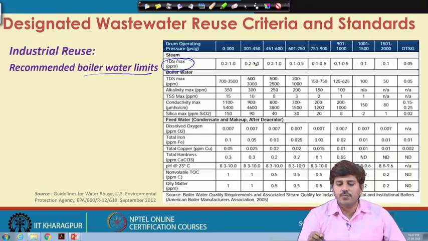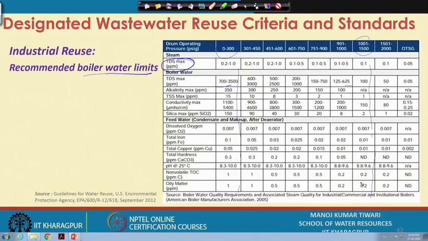For boiler water, the TDS has to be in this range and alkalinity in this range, depending on the pressure at which it is operated. If it is operated under this pressure, these are the criteria that should be met. If it is operated at higher pressure, these are the criteria it should fulfill.